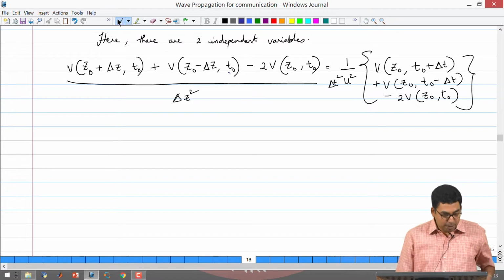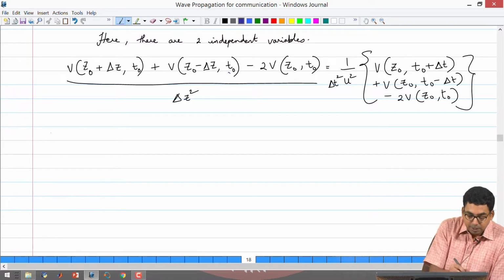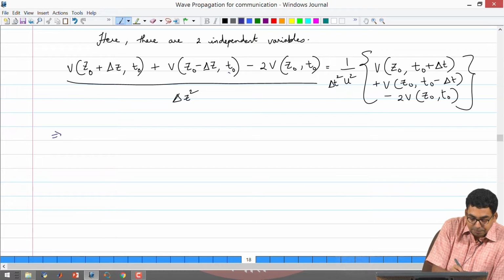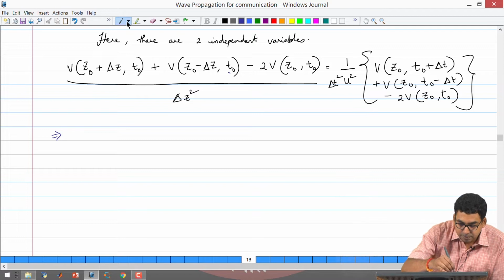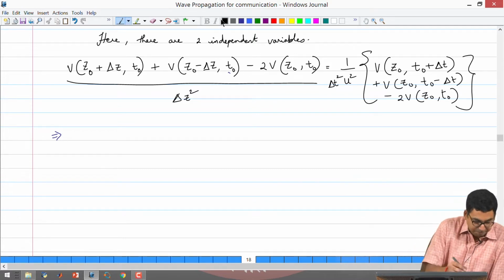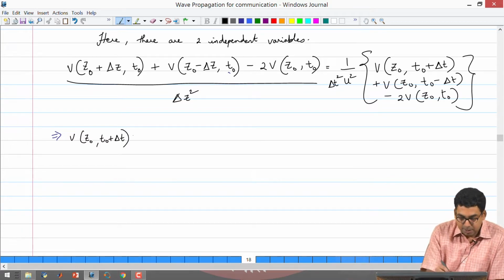So, one can go ahead and actually write down what the unknown quantity would look like. I will just rearrange this. We have V at position Z naught, T naught plus delta T, the quantity that we are interested in.